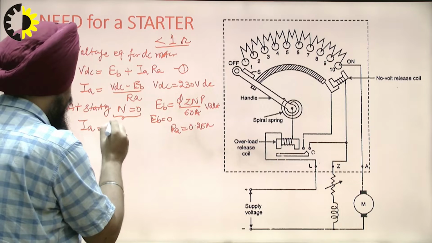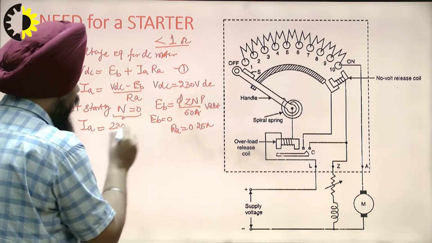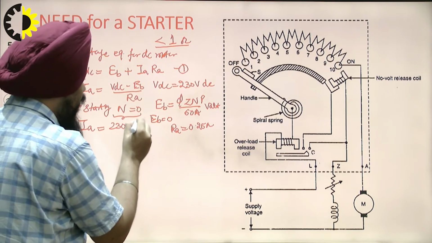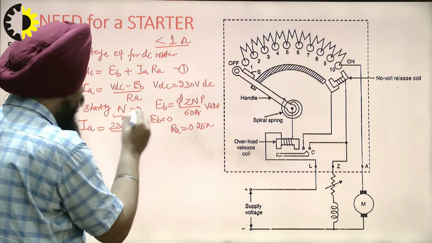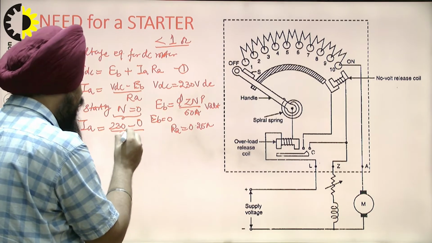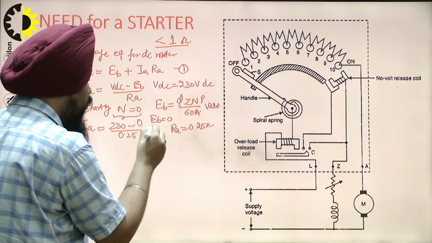So this comes out to be 230 volt minus the back EMF at starting, which is 0, divided by 0.25. The current magnitude is very large.